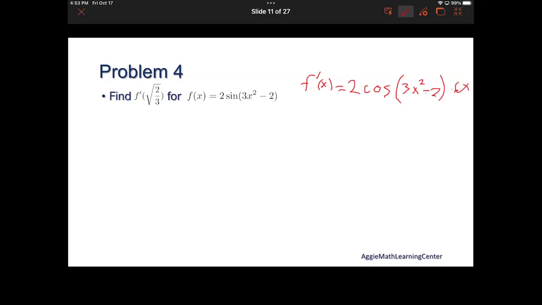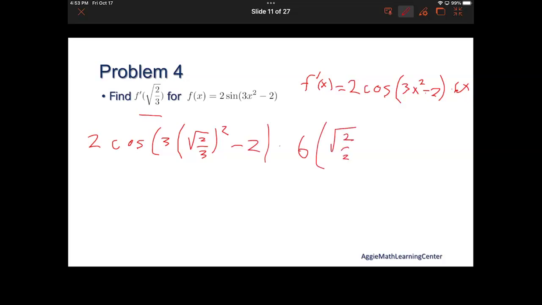Cool. Now we need to plug in this nasty looking number. So we have 2 cosine of 3 times root 2 thirds squared minus 2, times 6 times root 2 thirds. Looking inside the cosine, the square and the square root are going to cancel.